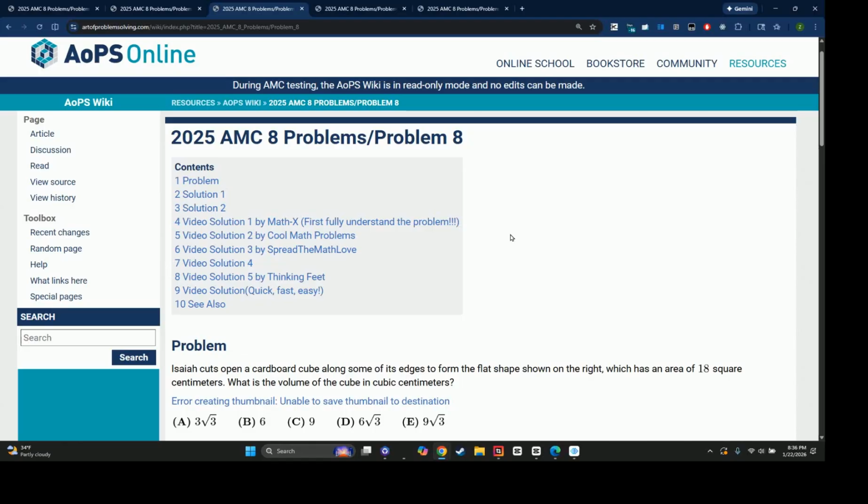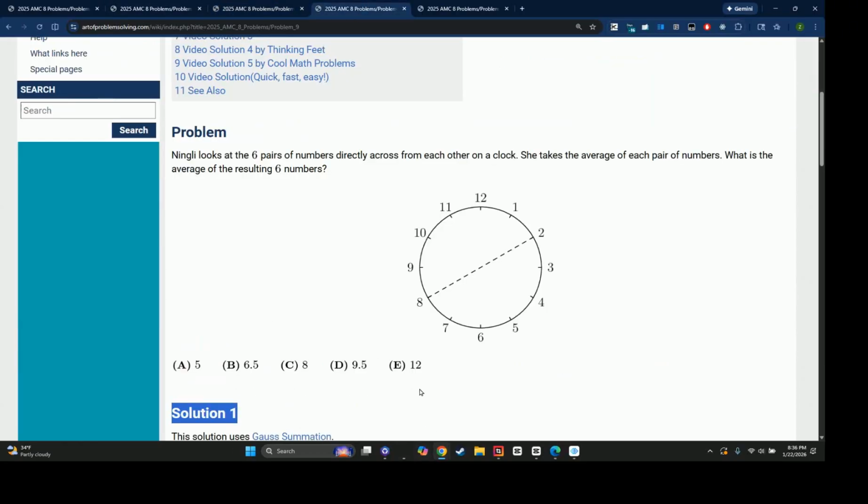Each of the 6 faces of the cube has equal area, so the area of each face is equal to 3, making the side length the square root of 3. From this, we can see that the volume of the cube is 3 times the square root of 3, which gives us A.